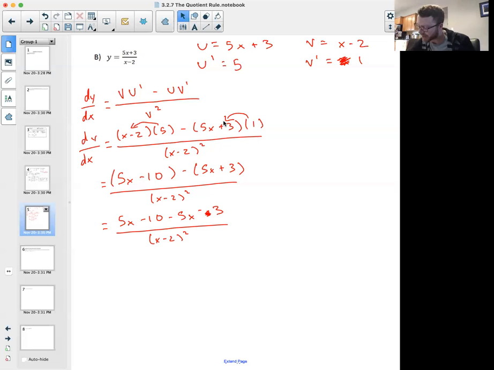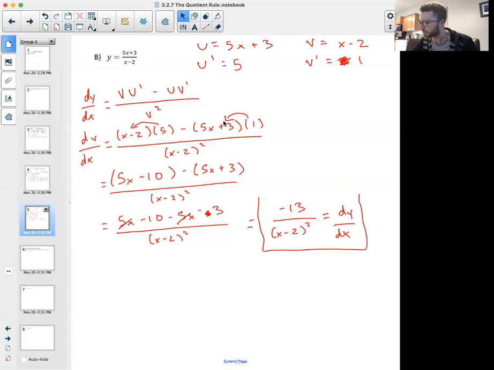We have a 5x and a negative 5x, so those will cancel. And negative 10 subtract 3 is equal to negative 13. And that's as much as we can do for that one.